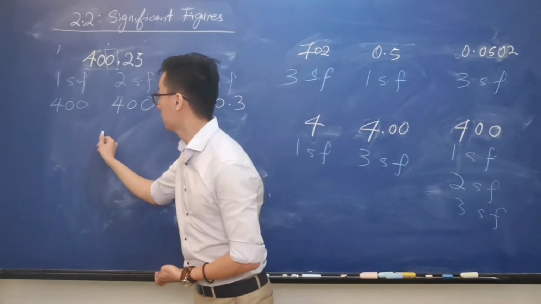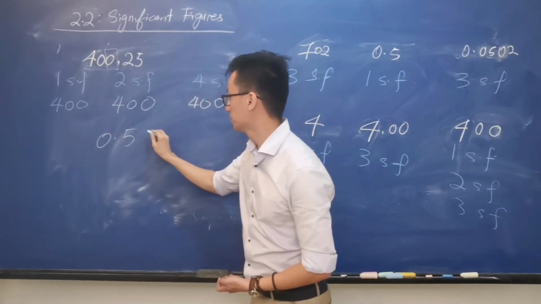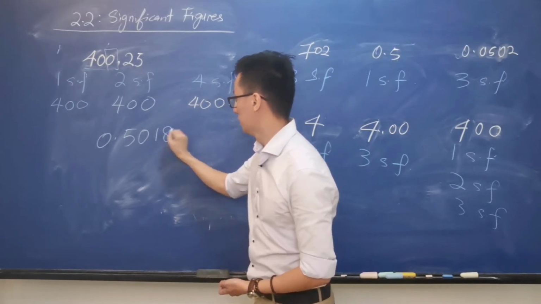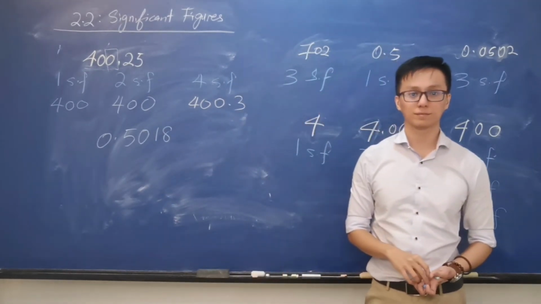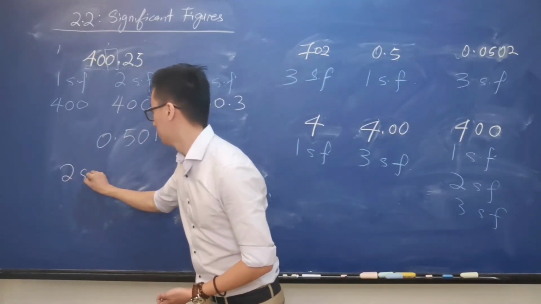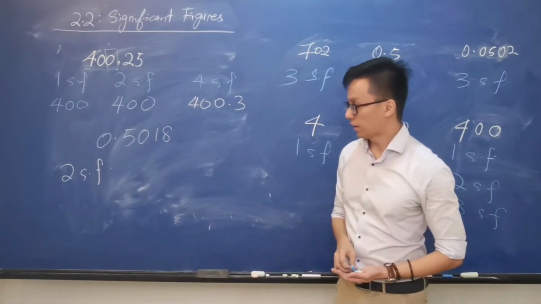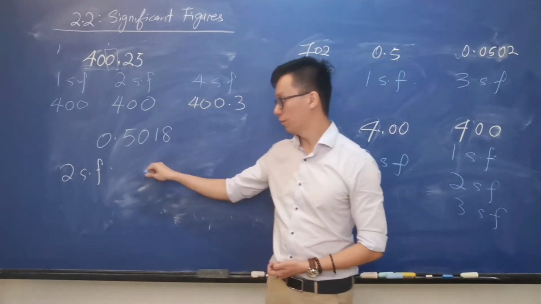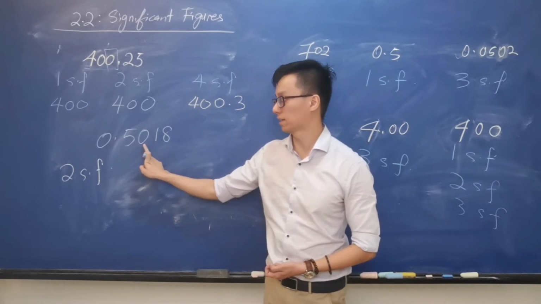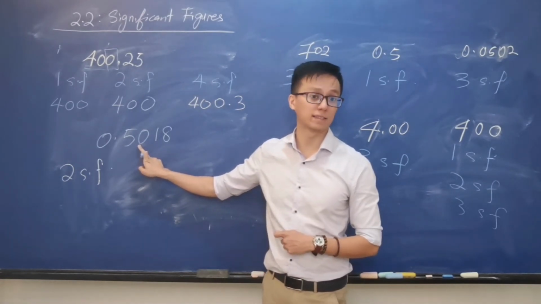Okay, let's look at another question. 0.5018. If I want to write this in 2 significant figures, we take the number here to decide whether the second number needs to have 1 added to it or remain the same.